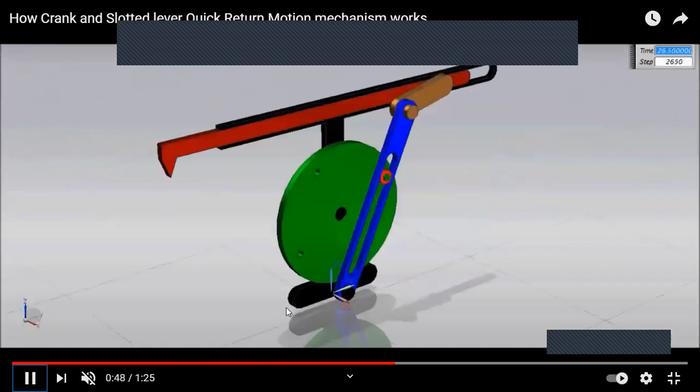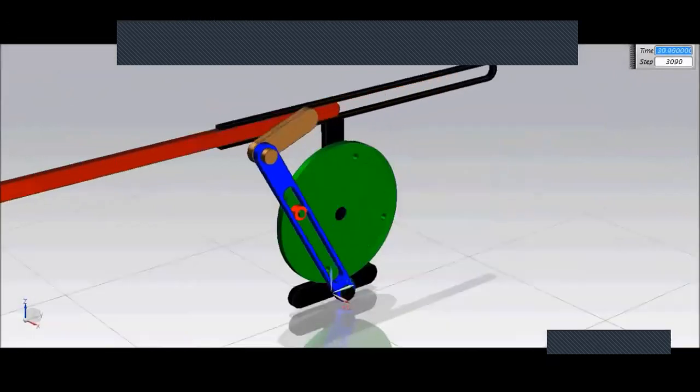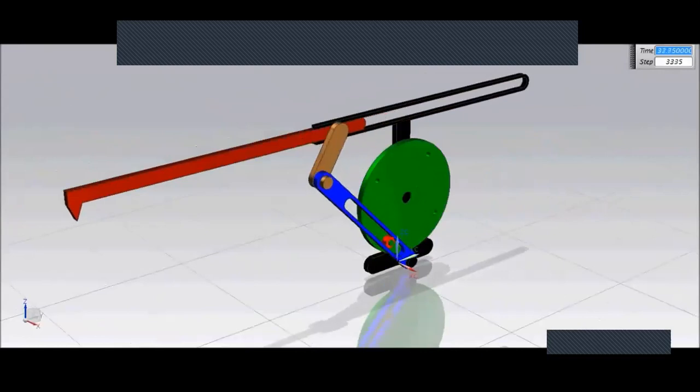So you can see the working of the crank and slotted lever quick return motion mechanism.